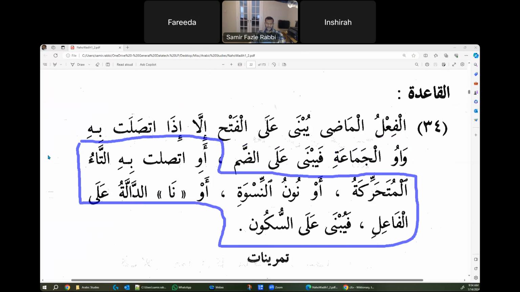These ones are built on the sukoon. And then this one, it's going to be dhamma, and that's for the waw al-jama'a. So that's another option.